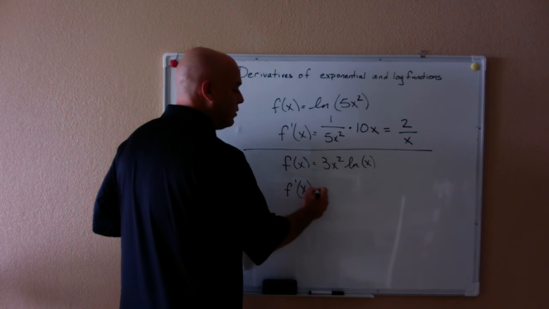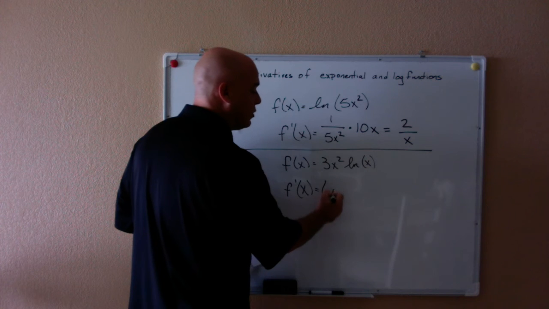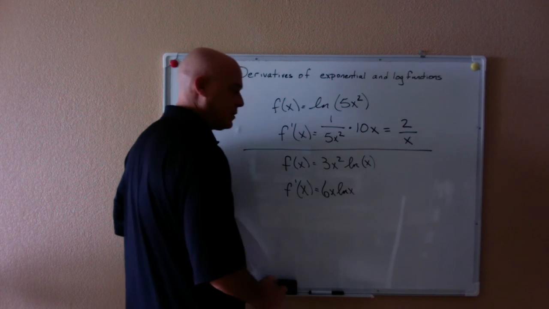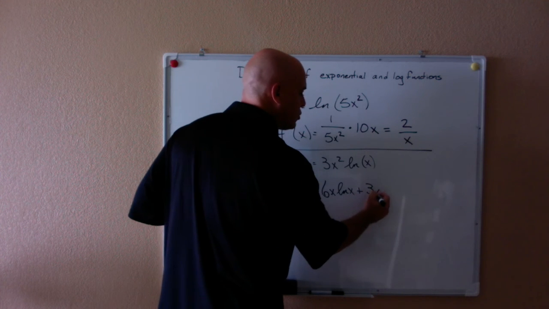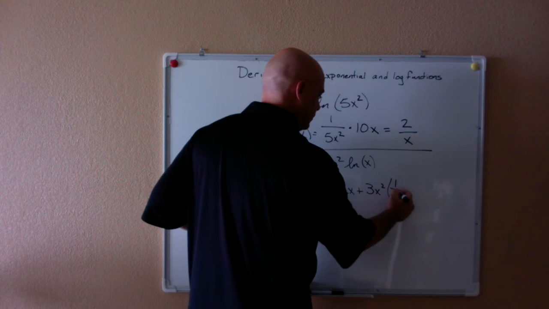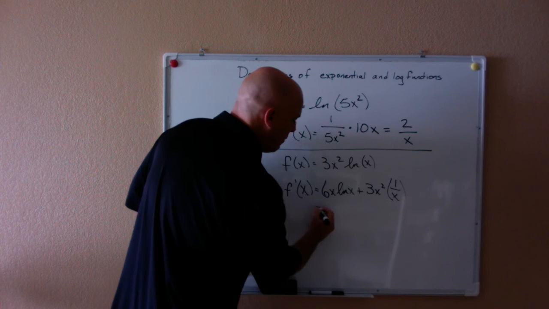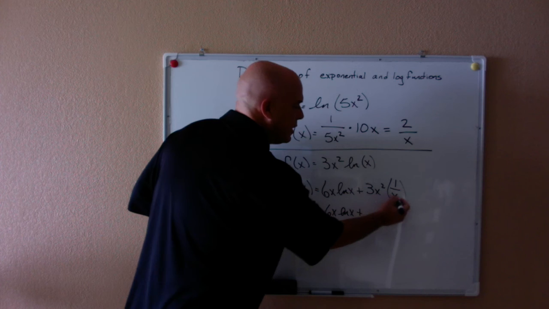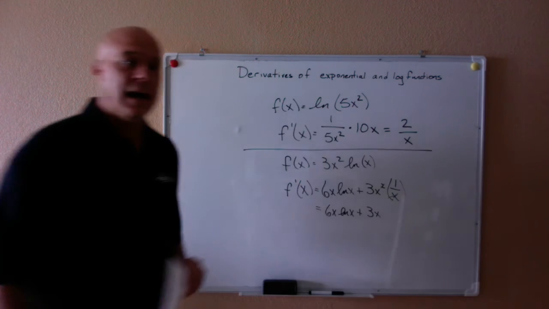So the derivative here is going to be the derivative of the first function, the derivative of 3x squared using the power rule is 6x, times the second function, which was the natural log of x, plus the first function, which is 3x squared, times the derivative of the natural log function, which is 1 over x. And of course, I could simplify that again and make this 6x times the natural log of x, plus that x cancels with one of those, and so I just get plus 3x.